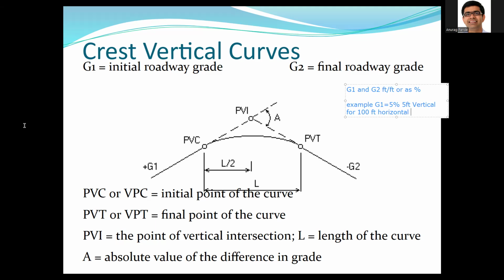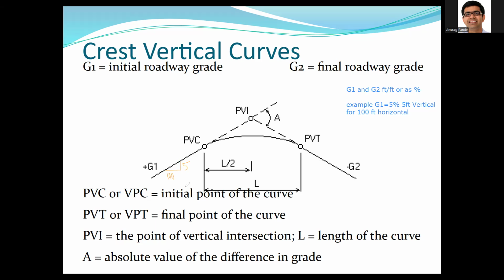If you move 100 feet along the horizontal plane, you'll move 5 feet in the vertical direction. So what that means, 5% for this problem, is that if you draw a line here, that's 100 feet, and obviously this is not drawn to scale. So this number will be 5 right here, and then this horizontal will be 100. That's basically what a 5% grade means.